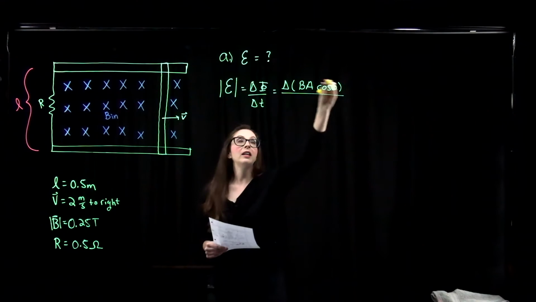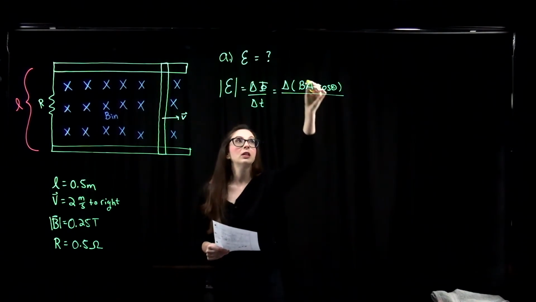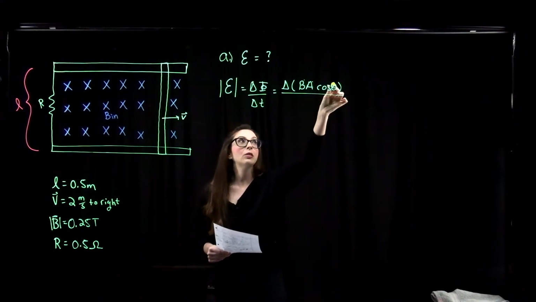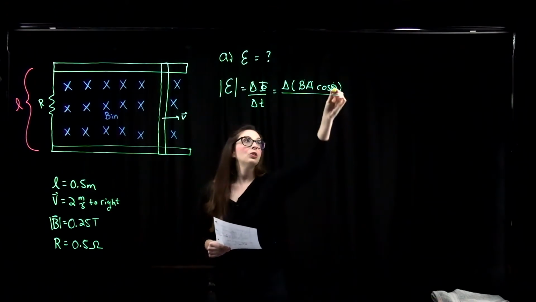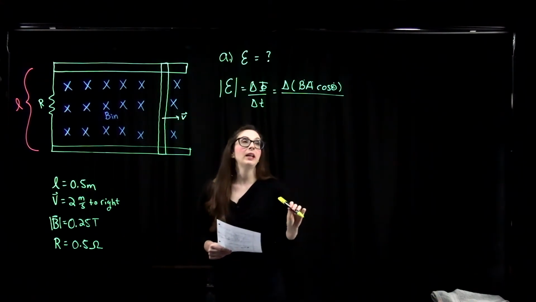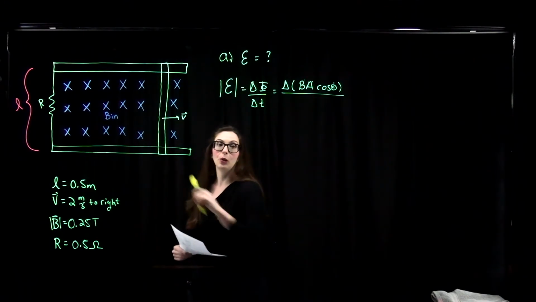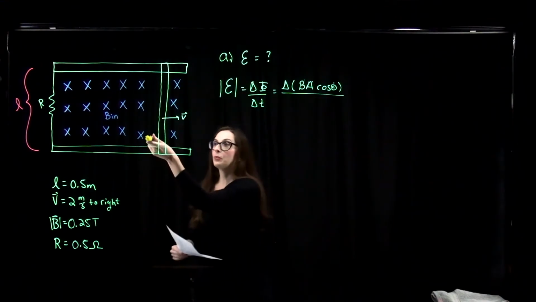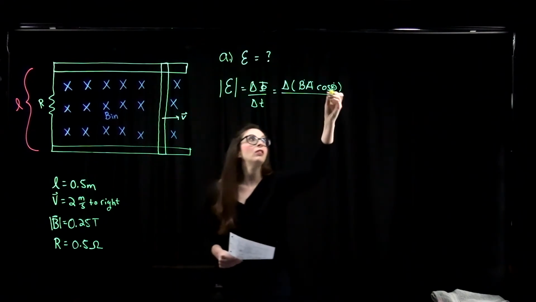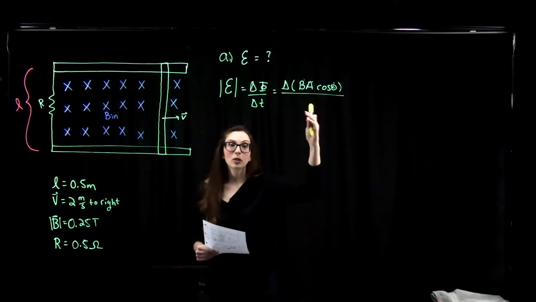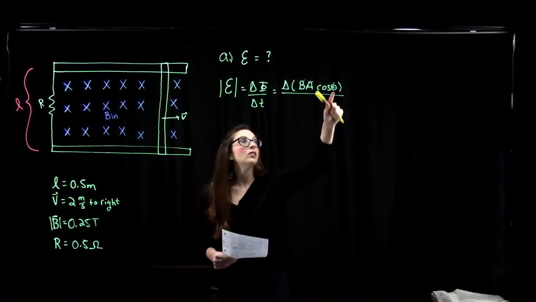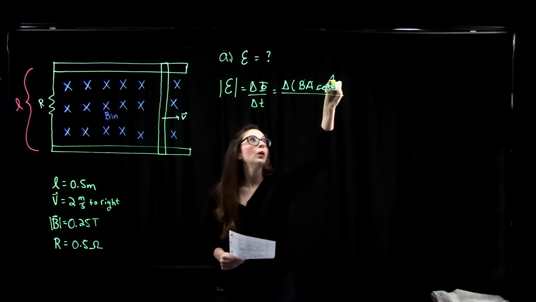So anything in here could change to change the flux. B could change, A could change, or this angle theta can change, which is the angle between my magnetic field and perpendicular to the loop. So in this case, perpendicular to the loop and my magnetic field are aligned with each other. So theta is 0, cosine of 0 is 1.